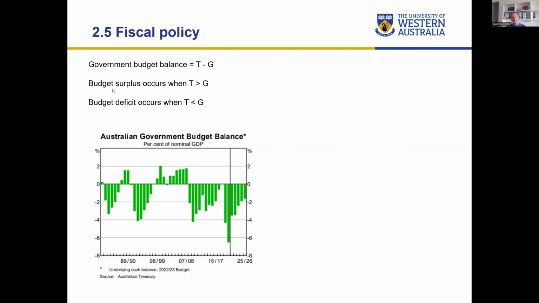Now, the government will run a budget surplus if over a period of time, typically a year, its taxation revenue is greater than its spending. If it's earning more revenue than it spends, it will be running a surplus. It'll have money left over at the end of the year.